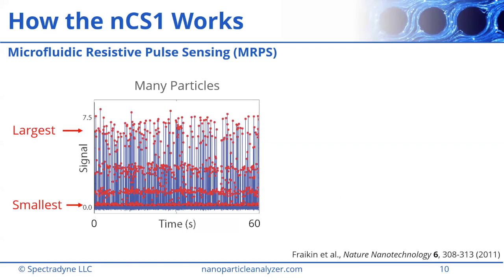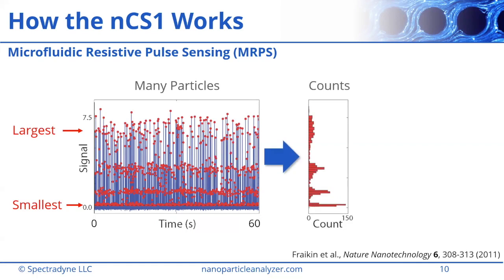If we measure for longer, this is showing a longer data acquisition. You see many, many peaks over time. And you can see that the sizes of the peaks are grouped in 4 different size groups here. We can see that directly from the histogram of counts of particle sizes. But we can do better than that because we know the volume of the sample that was measured.